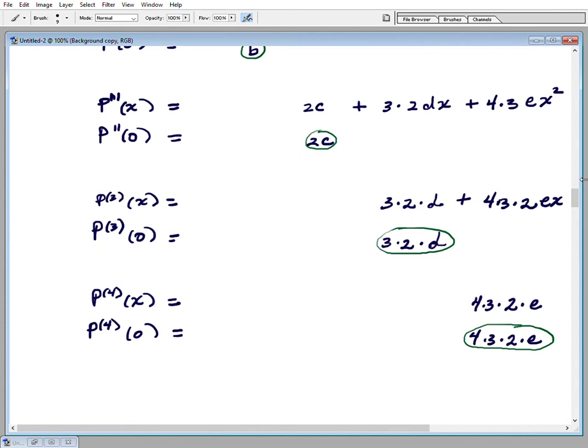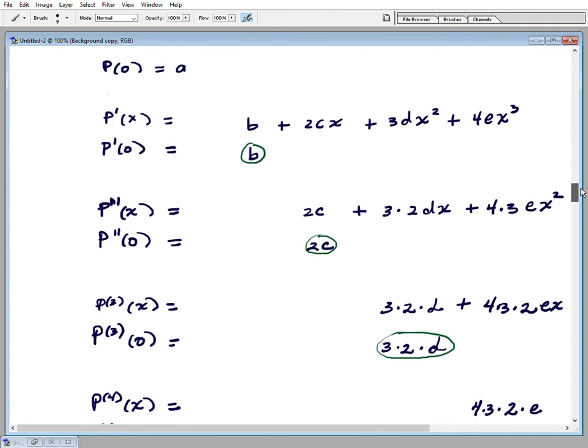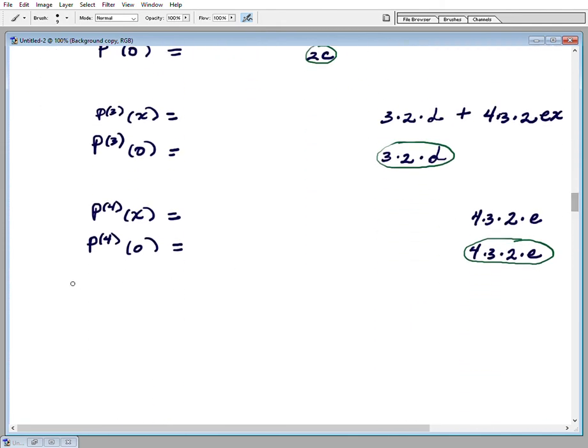Now let's generalize this. In the next example, we'll generalize it. So let's say this time we have a polynomial: first term a0, second one a1x, a2x squared, up to a_n x to the n.